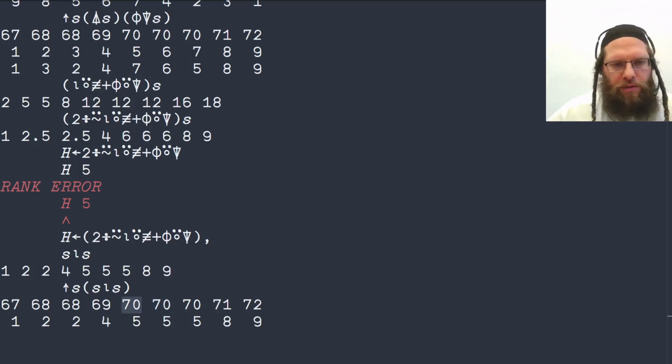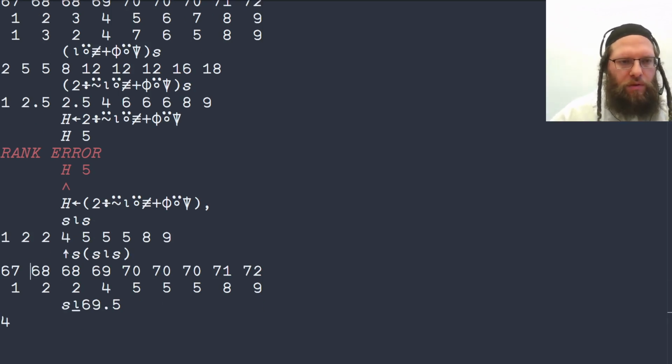There's a different function in APL, which is the interval index. The interval index tries to find the slot wherein a number can fit. So let's say we wanted to find where we can fit in, say, 69 and a half. It says slot 4. 1, 2, 3, 4.